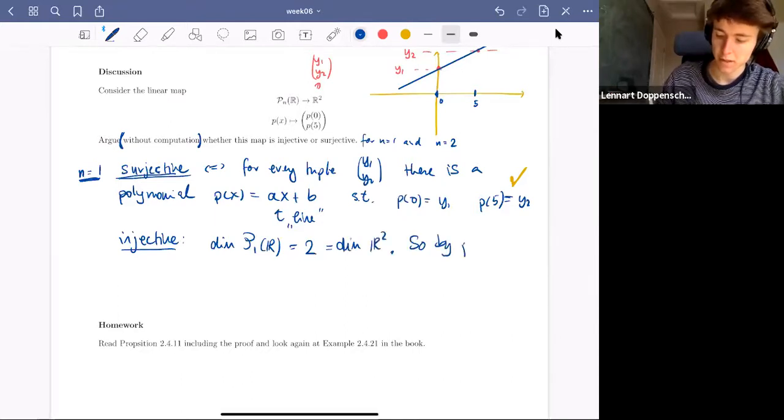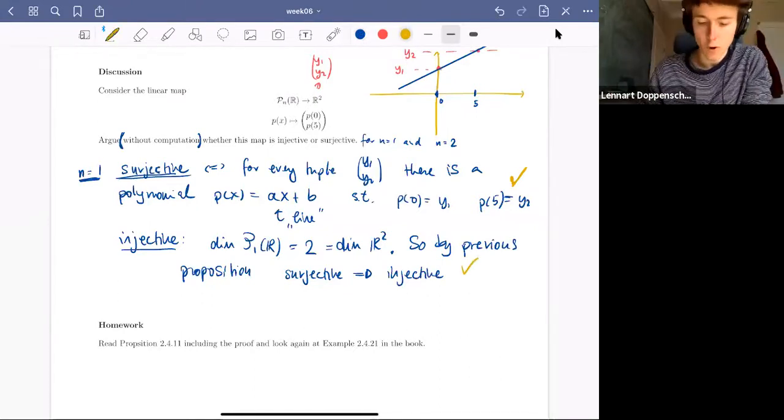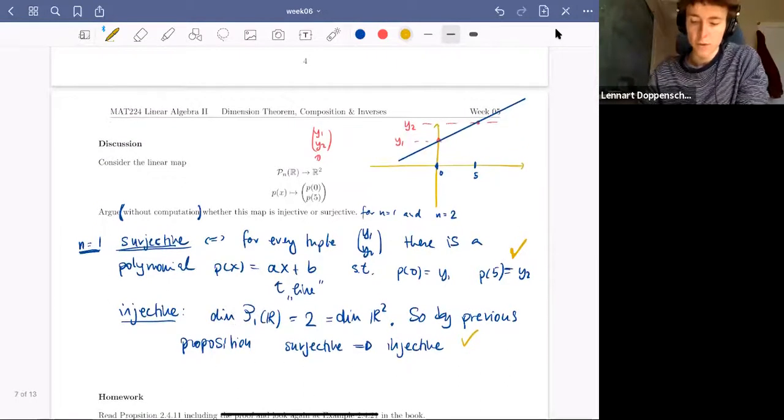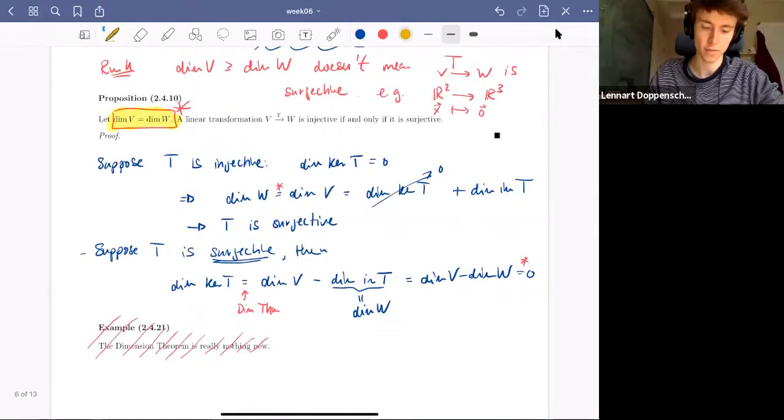So by the previous proposition, surjective implies injective. And we're done. So there's no need to compute the kernel of this map or to check whether 2 polynomials that send the values to the same points are actually the same polynomials. It's enough to just use this proposition that we just stated here.